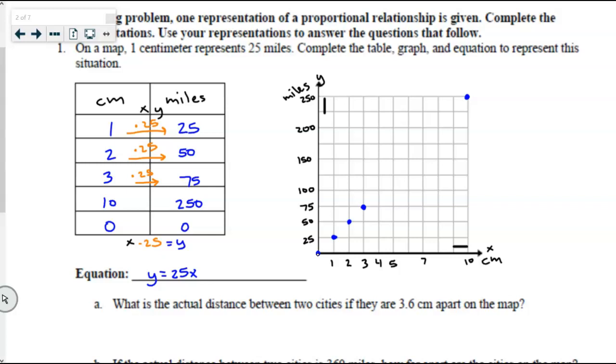Why a line? Tell me why a line. Carter? Yeah, but even if we didn't have the line, it would still be constantly changing in the same way. So why do I need to draw that line? Let's go to Gideon.